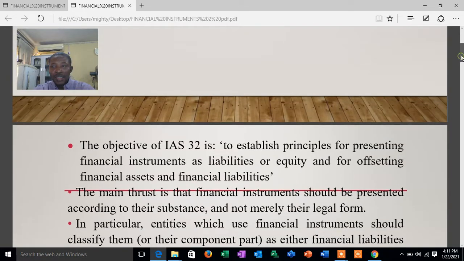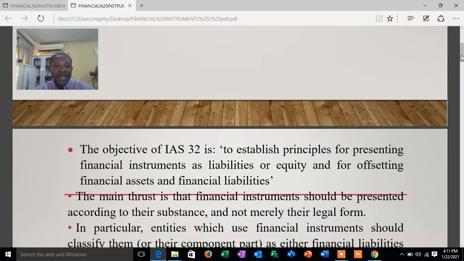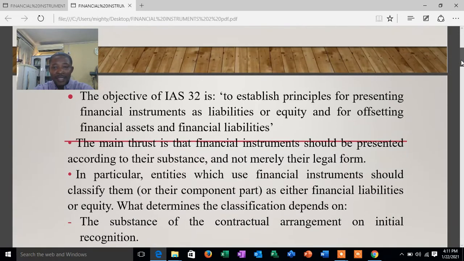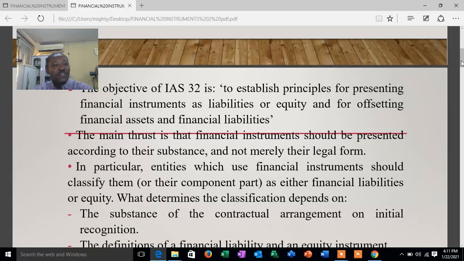It is covered by IAS 32, and the objective is to establish principles for presenting financial instruments as liabilities or as equity, and also for offsetting financial assets and liabilities. The main thrust of this standard is that financial instruments should be presented according to their substance and not merely their legal form.